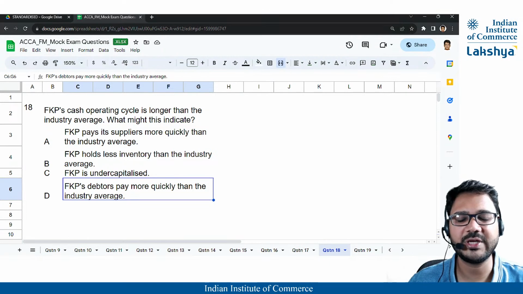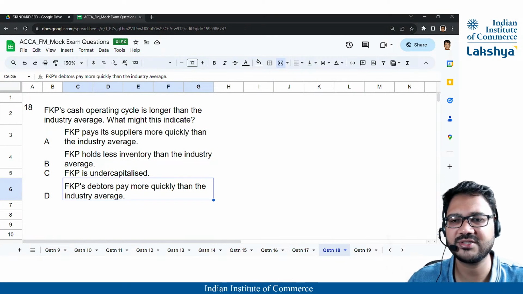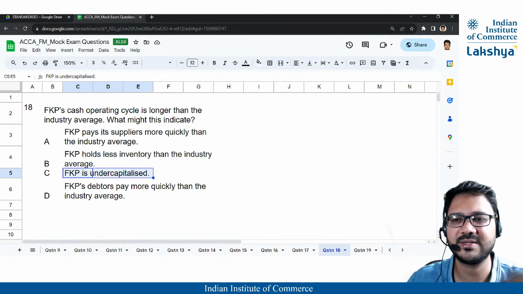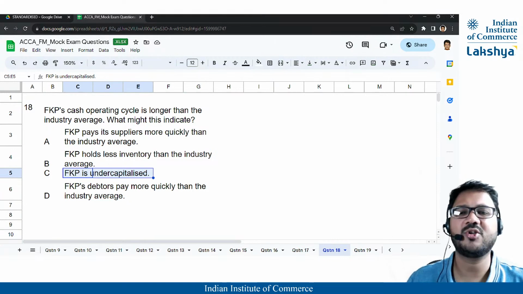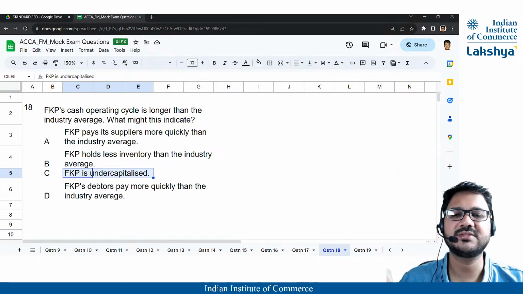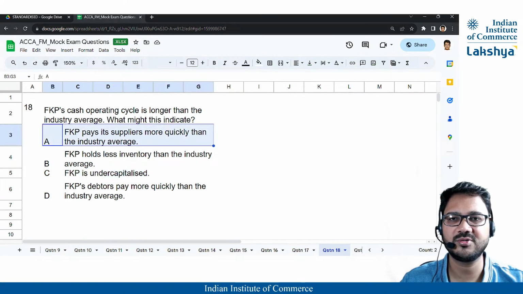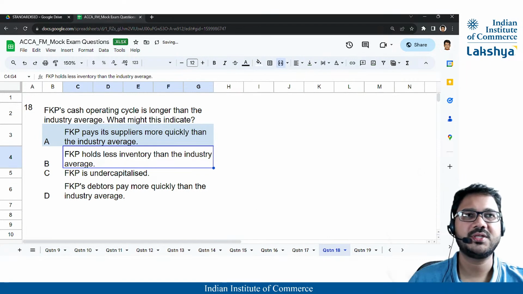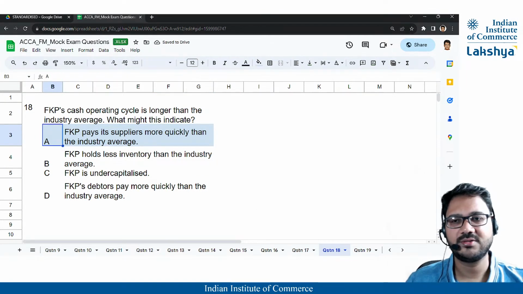No, if they paid more quickly, we would have received money quickly, so our operating cycle would be less. Capitalization has no direct impact on the operating cycle. Operating cycle is inventory days plus receivable days minus payable days. So this is the only correct one, option A.